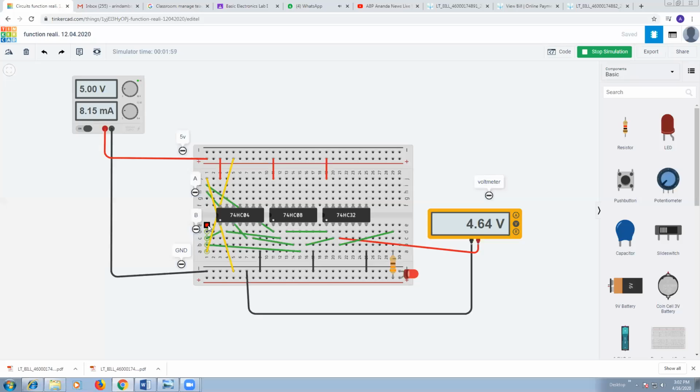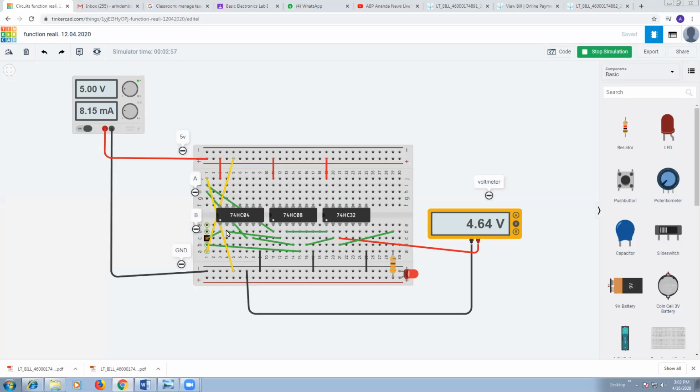You can see these 2 yellow wires are the input terminals of A and B. I have already connected from A to pin number 1 of 7404. Pin number 2 is the output of pin number 1. Pin number 1 is already connected here with the B bus bar.